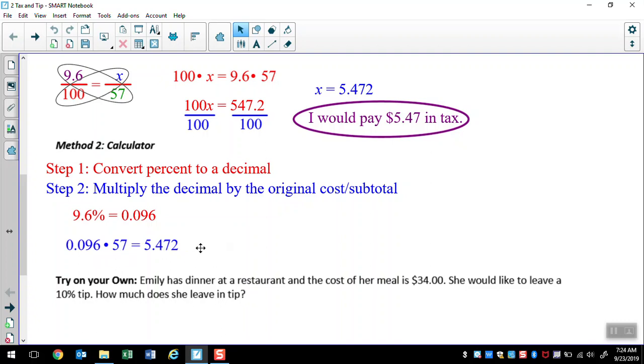And then again, we're rounding to the nearest cent, second decimal place, which gives us that $5.47. So either method is going to get you the same answer. This one is a little quicker, but if you like the idea of proportion solving, go ahead and do that.